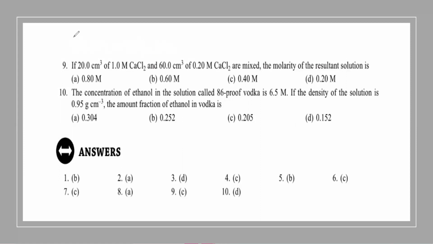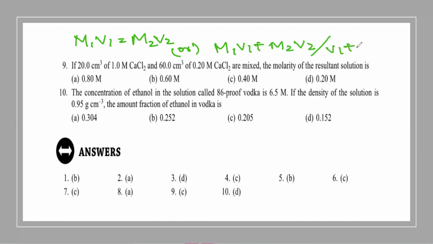Or you can write (M1V1 plus M2V2) by (V1 plus V2) is equal to M3. We have to find M3 in this question. So M1 is given as 1 molarity and V1 is 20 centimeter cube.